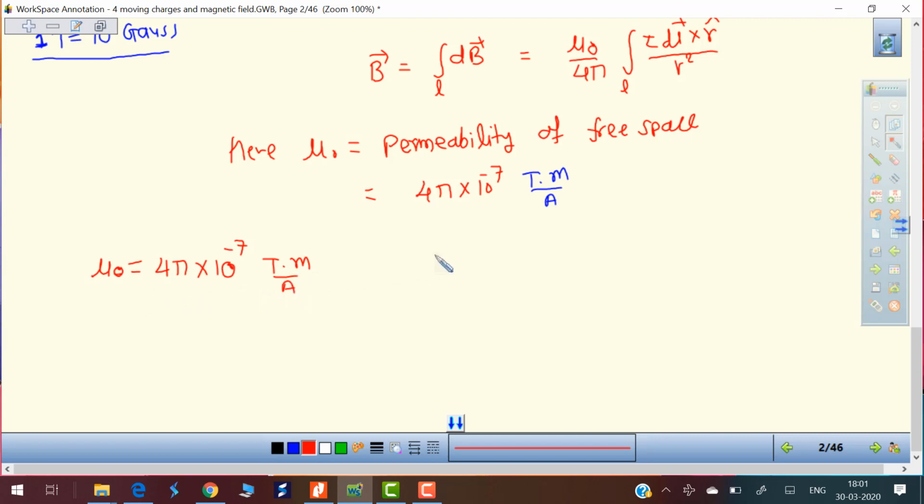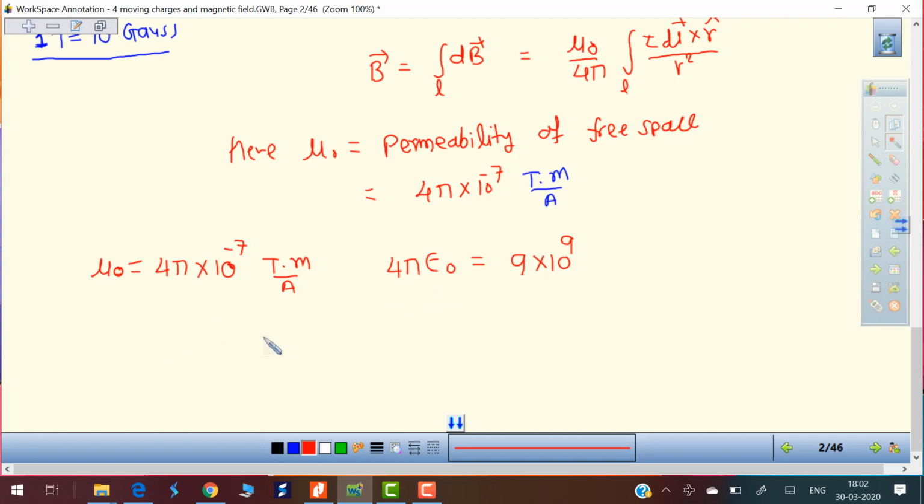And 1 upon 4 pi epsilon 0 is 9 into 10 raised to 9.